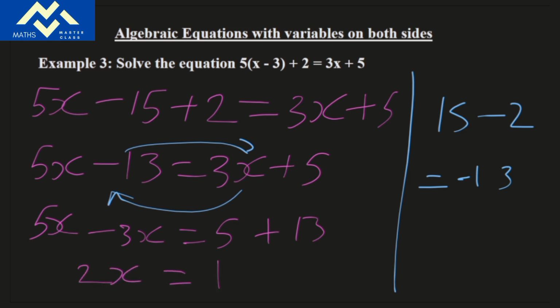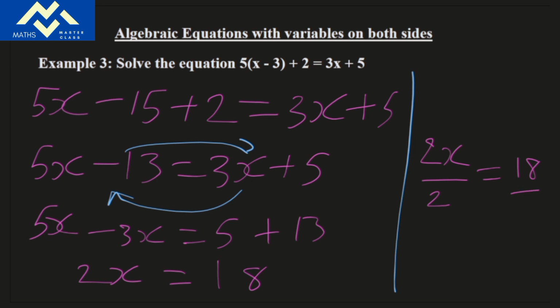And 5 plus 13 is 18. Divide both sides by the coefficient of x, which is 2. 2x divided by 2 equals 18 divided by 2. 2 cancels 2 and x equals 18 divided by 2, which is 9.